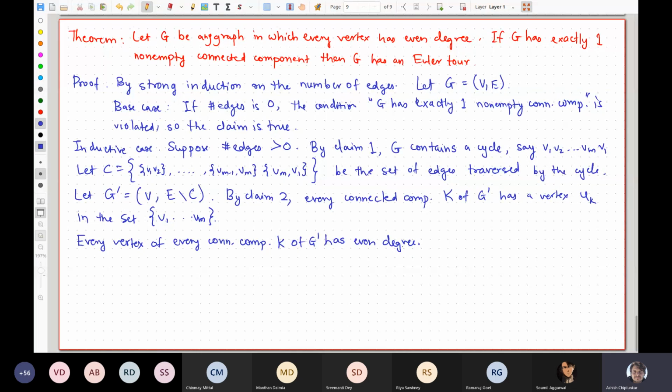The number of edges of this connected component is strictly less than the number of edges of G. So therefore, by induction hypothesis, K has an Euler tour.